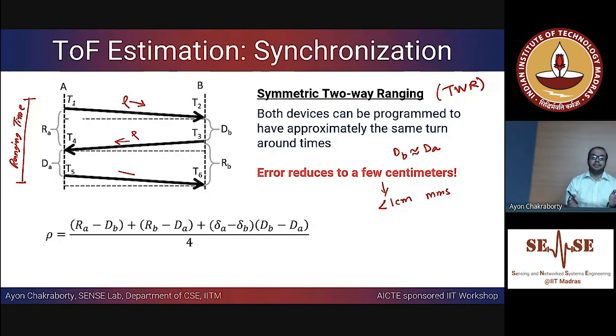So only after A and B are done, you have to range C and D, or A has to range with other beacons, right, or other anchors. So you cannot spend a whole lot of time just finishing this ranging procedure and making it very accurate. So there is always a trade-off in such systems. How precise is the range and what is the location update rate.